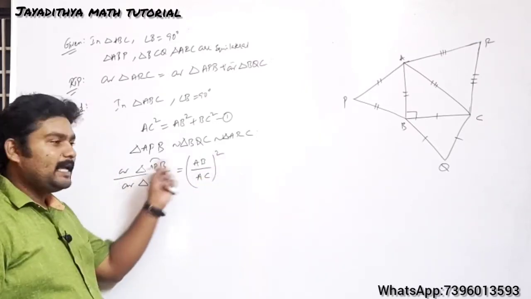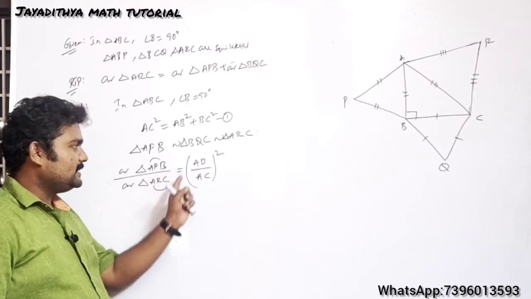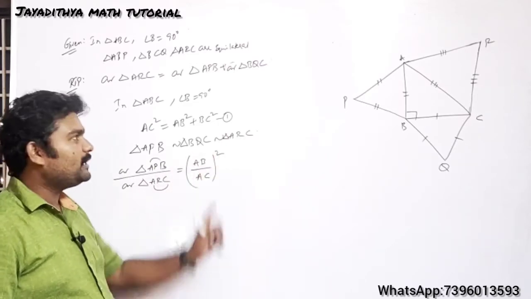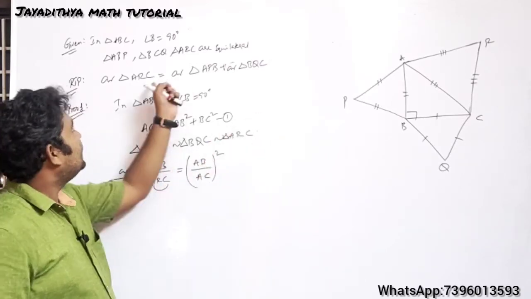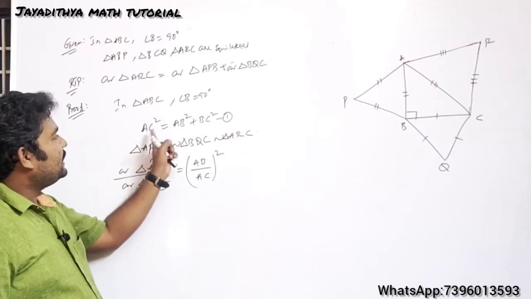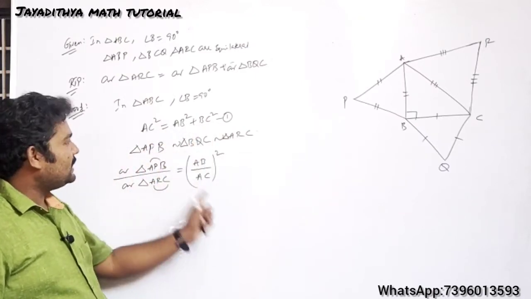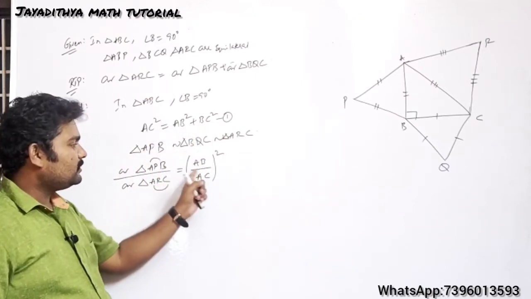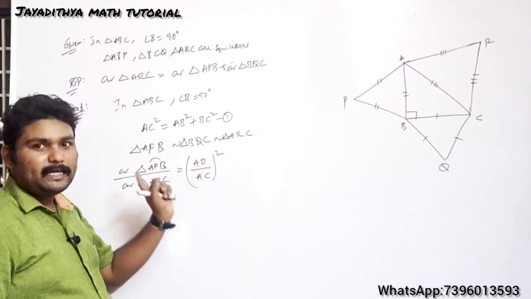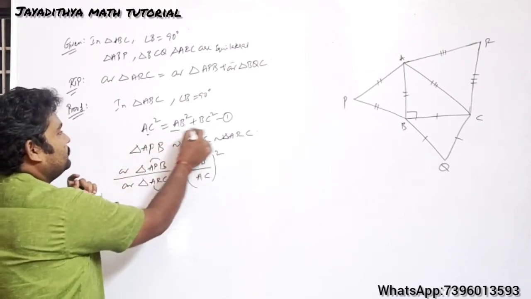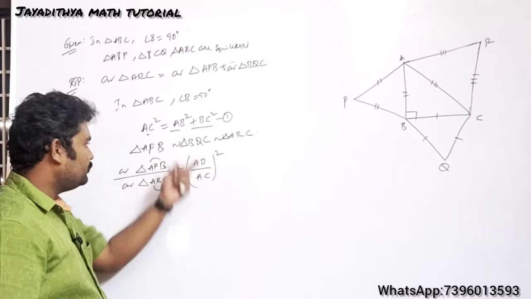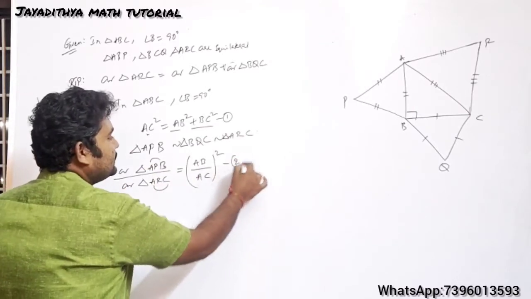So area of triangle APB by area of triangle ARC is equals to AB by AC whole square. I am taking this because once you observe here, AC square is equals to AB square plus BC square, so I am trying to make this in the format of AB by AC. So I want only these sides now. Don't take other similar sides. If you take this one, that is enough. So take this as equation 2.